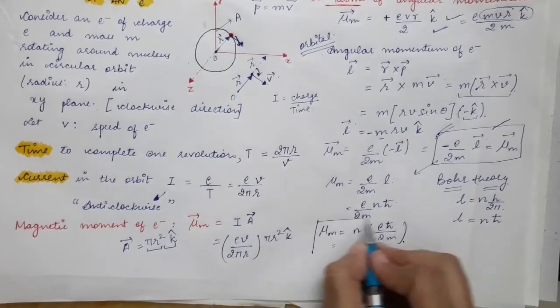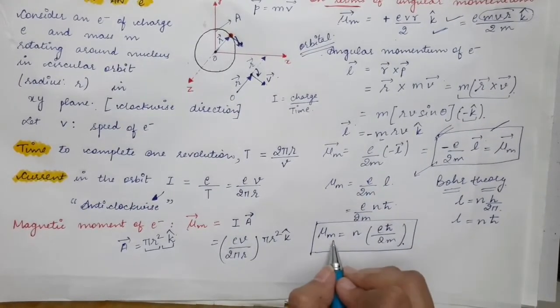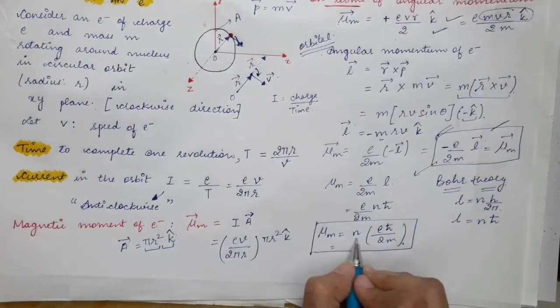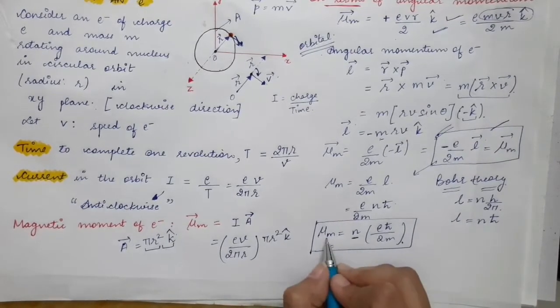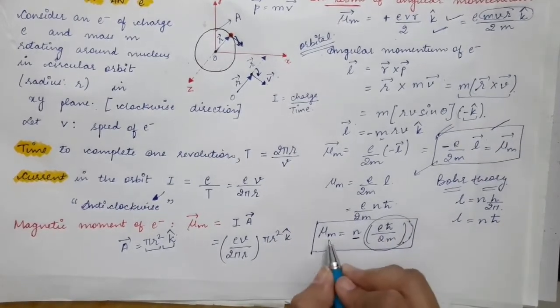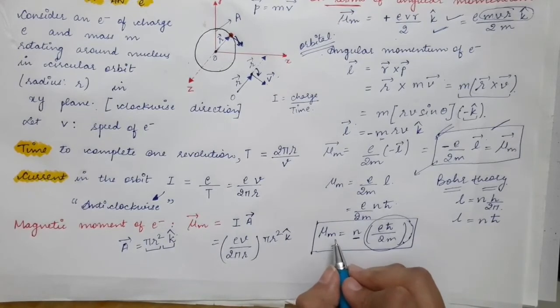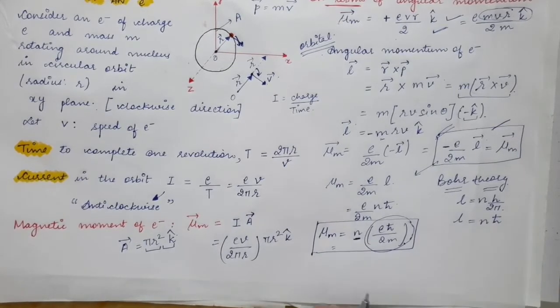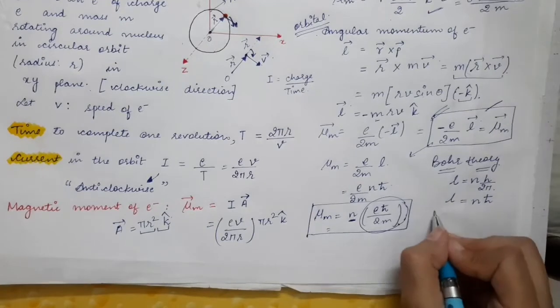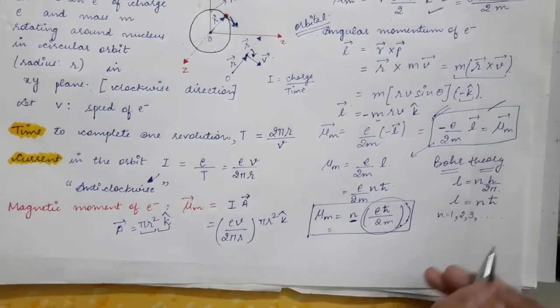This equation shows us that the magnetic moment of the electron is quantized. So it is an integral multiple of this factor. That means the orbital magnetic moment for the case of an electron is quantized. So n will take values 1, 2, 3 and so on.